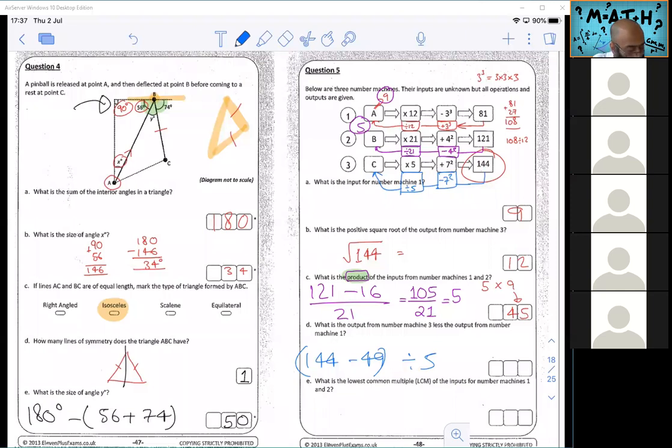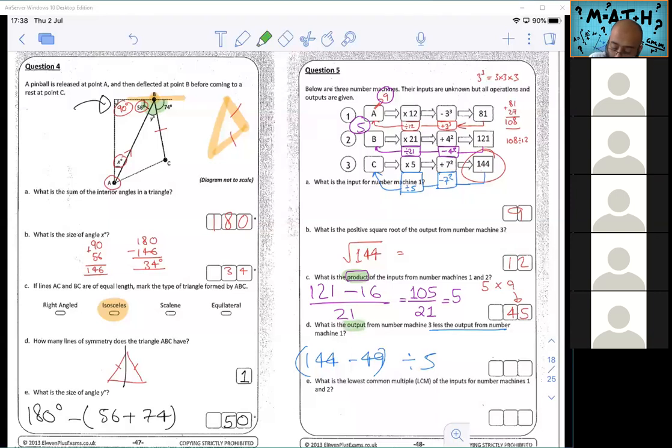Okay, question number 5, part D. Isn't the answer 63? We want some. What is the output? Okay, sorry, folks, I looked at the input. They want us to look at the output, sorry, young man.